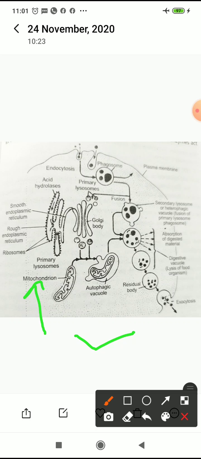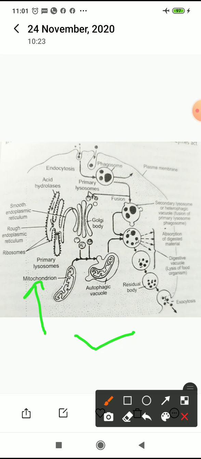This intracellular digestion is of two types, autophagy and heterophagy. Autophagy means intracellular digestion in which enzymes of the cell digest pieces of cytoplasmic material from the cell itself.